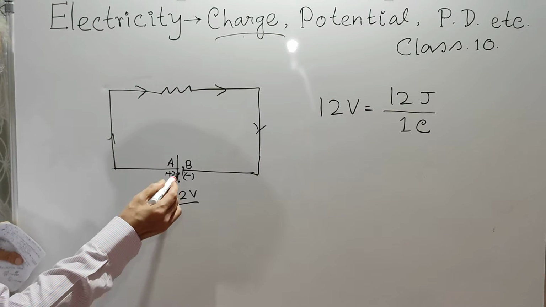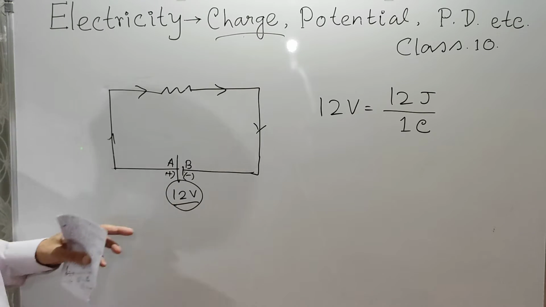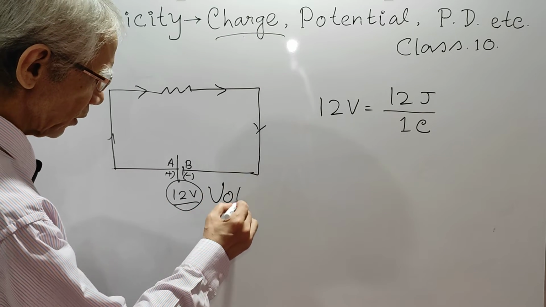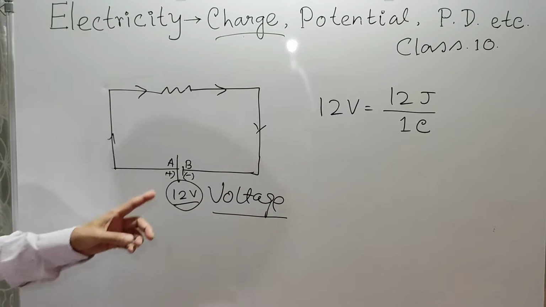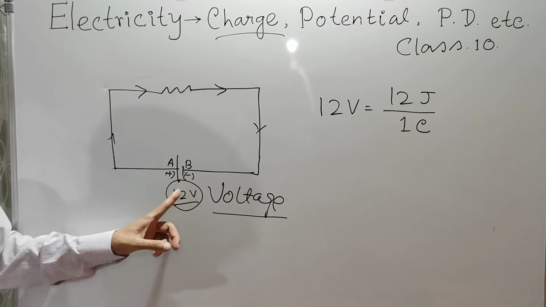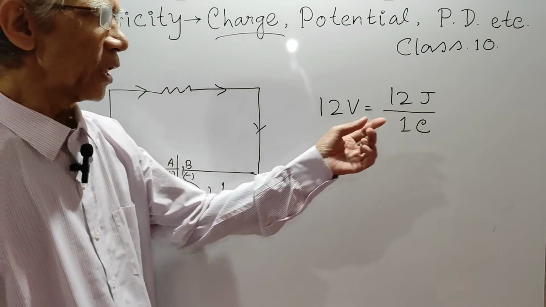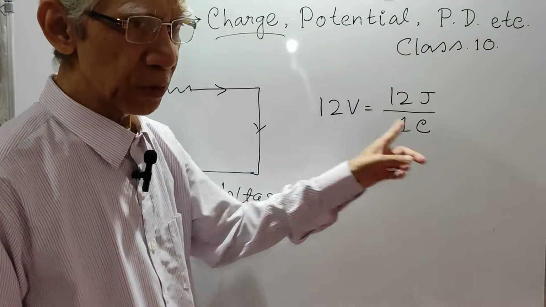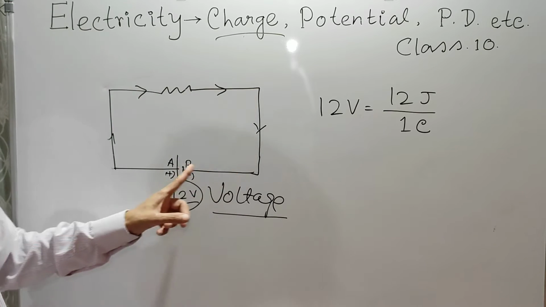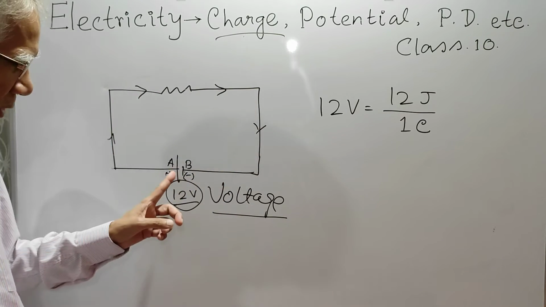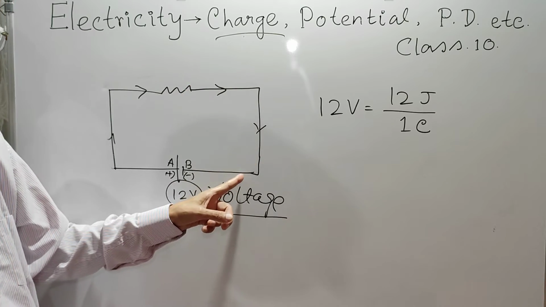You can use the word potential difference or voltage. So the potential difference or voltage of the battery is 12 volt. That means the battery is doing 12 joules of work to push 1 coulomb of charge from point A to point B. Charges always flow from positive terminal to negative terminal.